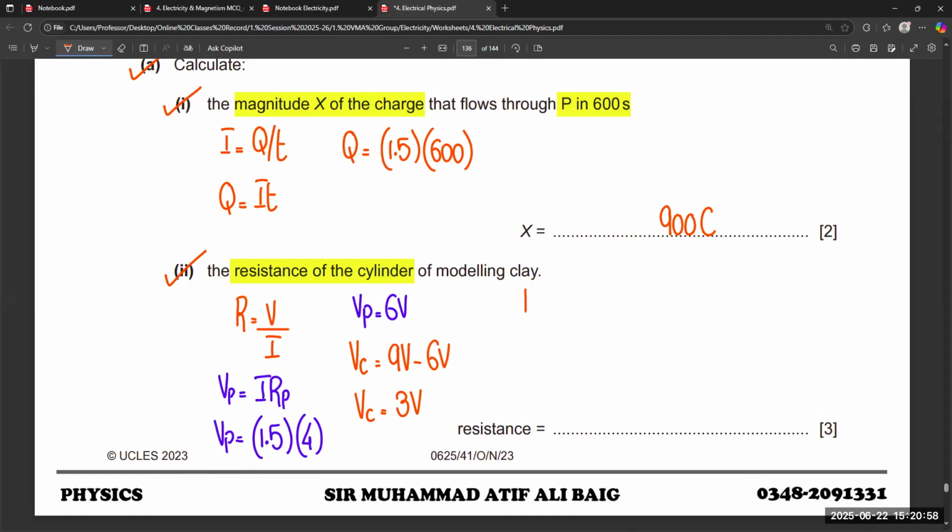And the resistance is 2 ohms. So the resistance of the modeling clay equals 2 ohms, right? Any confusion in this? Okay.